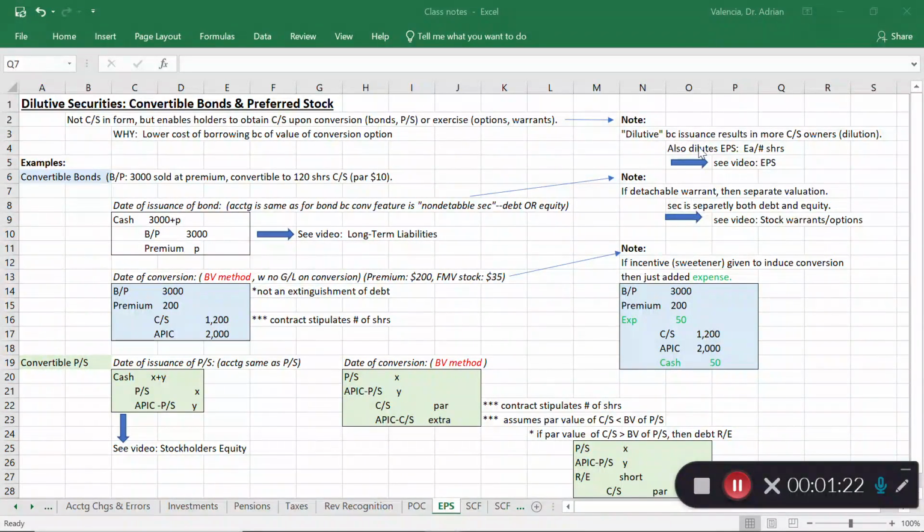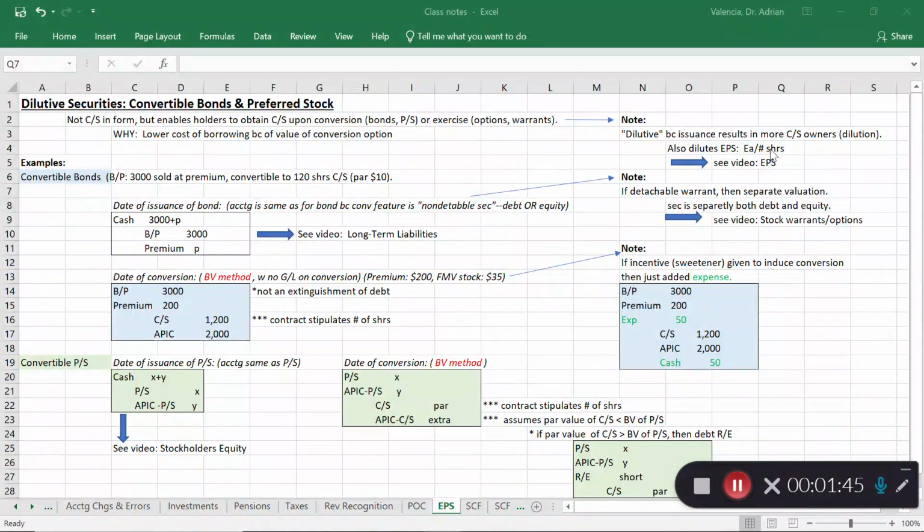The other reason is because, from our perspective in accounting, if there are more common shares outstanding, then it reduces earnings per share, right? Because the formula for earnings per share is the current earnings, net income with a few adjustments, divided by the number of shares outstanding.